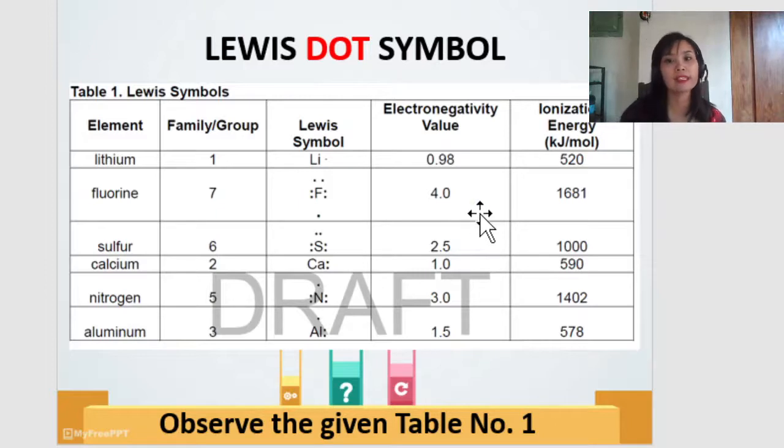And fluorine is a non-metal or metal? It is a non-metal. Its ionization energy is high, 1,681. These are the non-metals group.